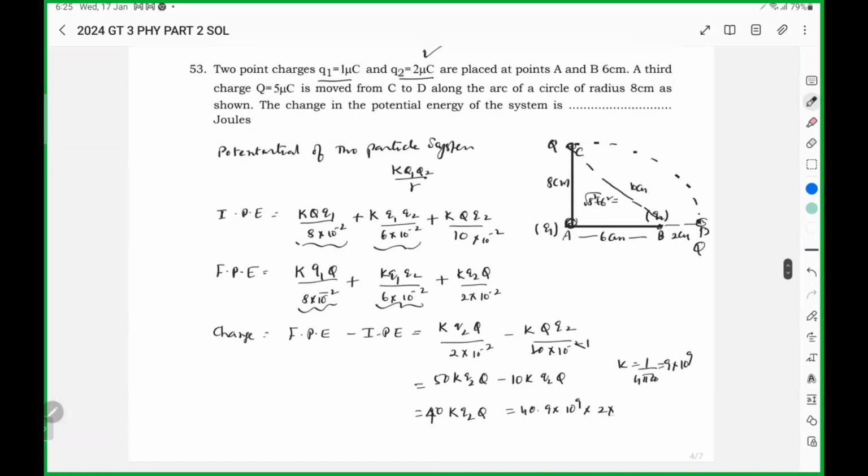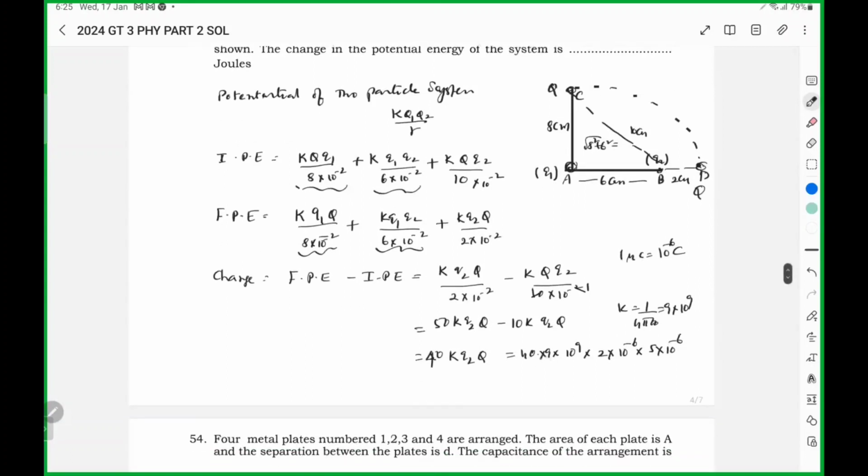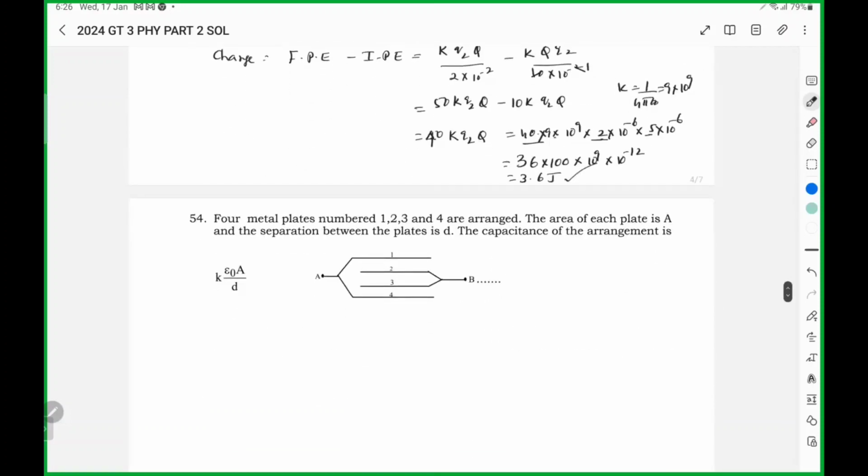Q2 is 2 microcoulombs, capital Q is 5 microcoulombs. 1 microcoulomb is 10 power minus 6 coulombs. Here it is 400 into 9 into 10 power 9, 10 power minus 12, which is 3.6 joules.